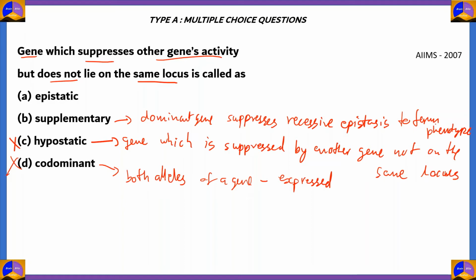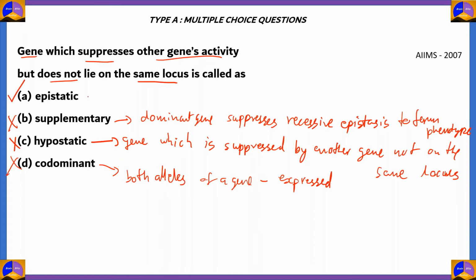This is the one that's present in hair color of mouse. So option B implies that the gene is suppressing the epistasis to form a phenotype. So it is suppressing our phenomenon in the question. So option B is also incorrect.